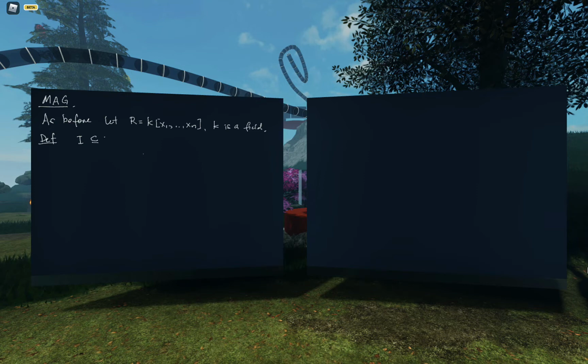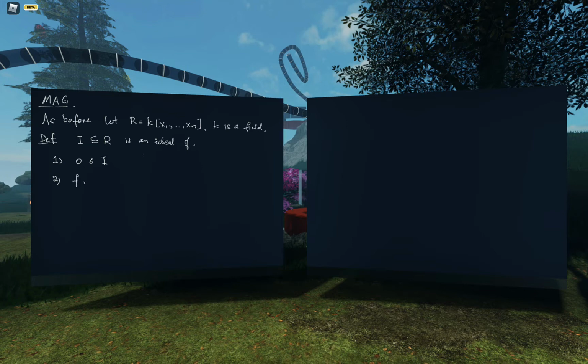A subset of R is an ideal if the following conditions are satisfied. One, 0 is in the ideal. When I write 0, this is the zero polynomial in R, as opposed to the zero element in the field.